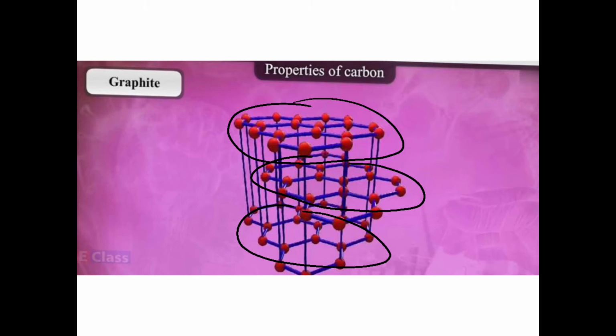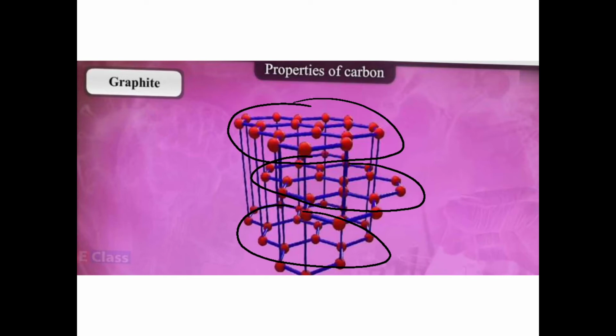One layer of graphite is called graphene. So one graphene, then the other, like that. These layers can slip over the other also. Okay, so this is how the structure of graphite is.